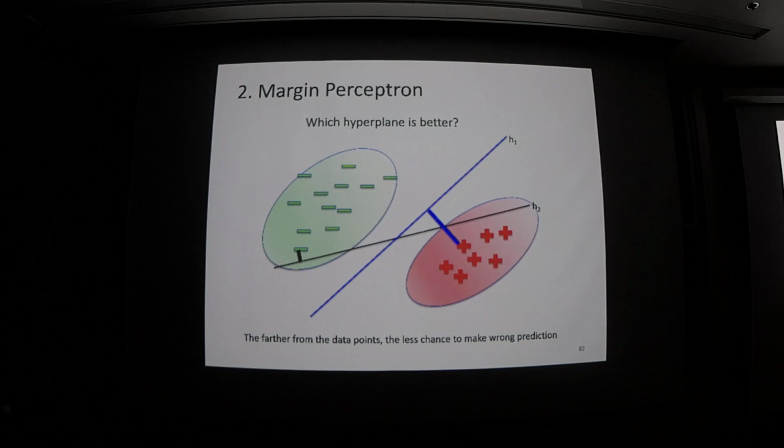Because the larger the margin, the further away the classification boundary is from the instances. So what's the benefit of your hyperplane being further away from those training instances? You have a smaller chance that a positive is going to be on the wrong side.